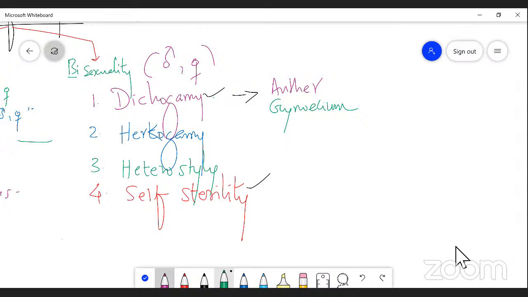This dichogamy is further divided into two types: protandry and protogyny. Protandry is the attainment of maturity of the anther very first.